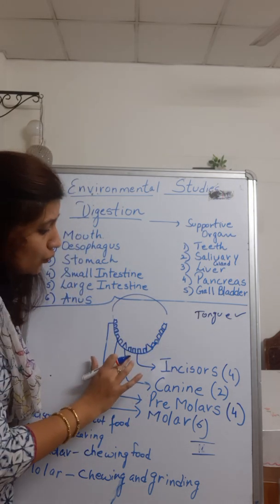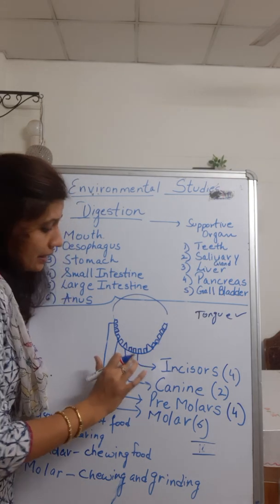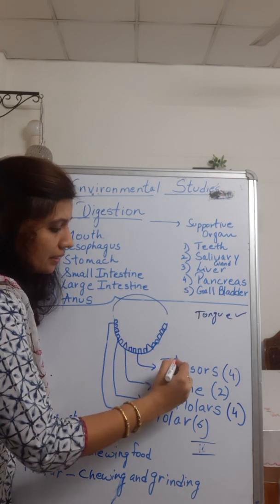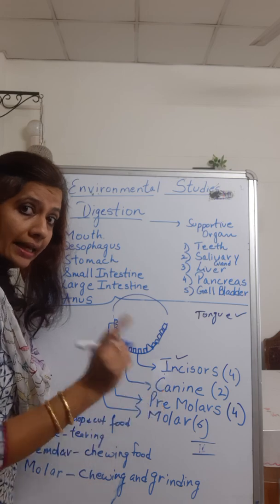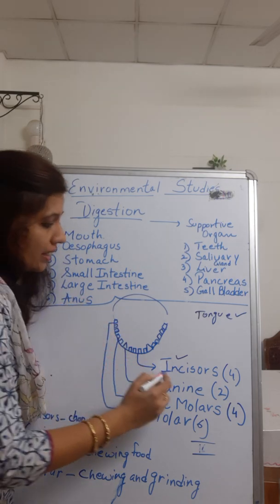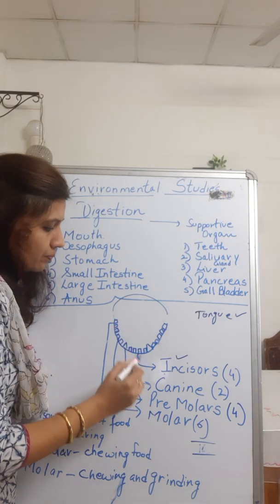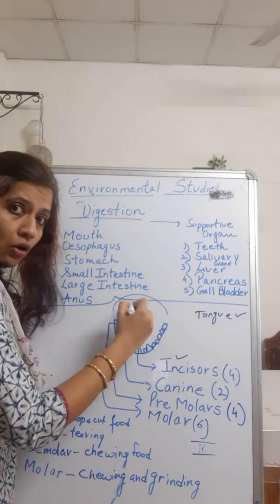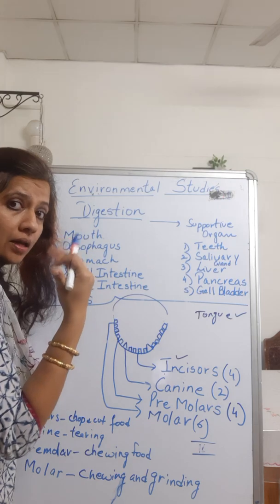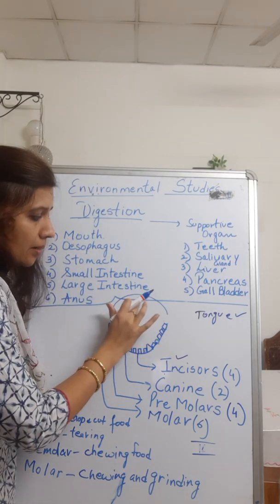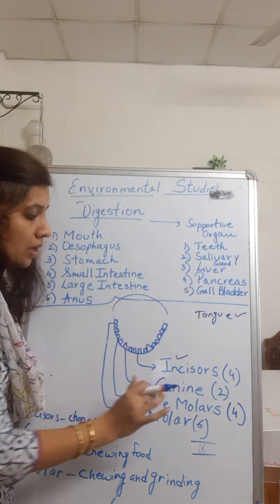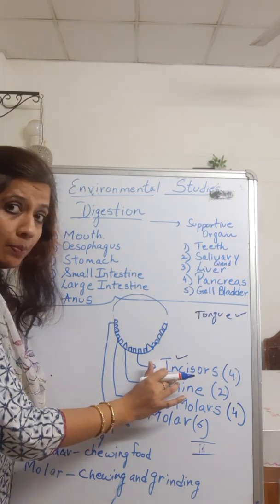The first kind of teeth that we have are called incisors. Incisors are total 4. See, 1, 2, 3, 4. 4 here and 4 on the upper part of our mouth. The upper and lower are exactly the same. Now, what do these incisors help us to do?